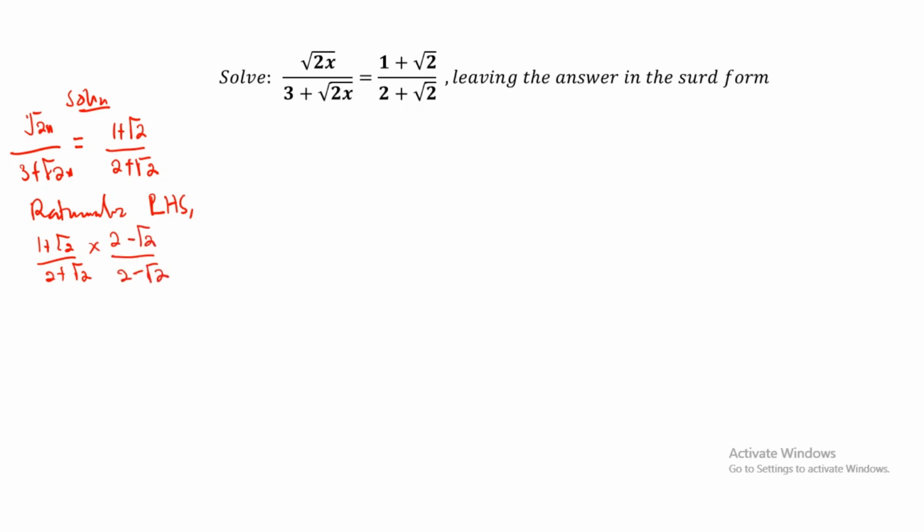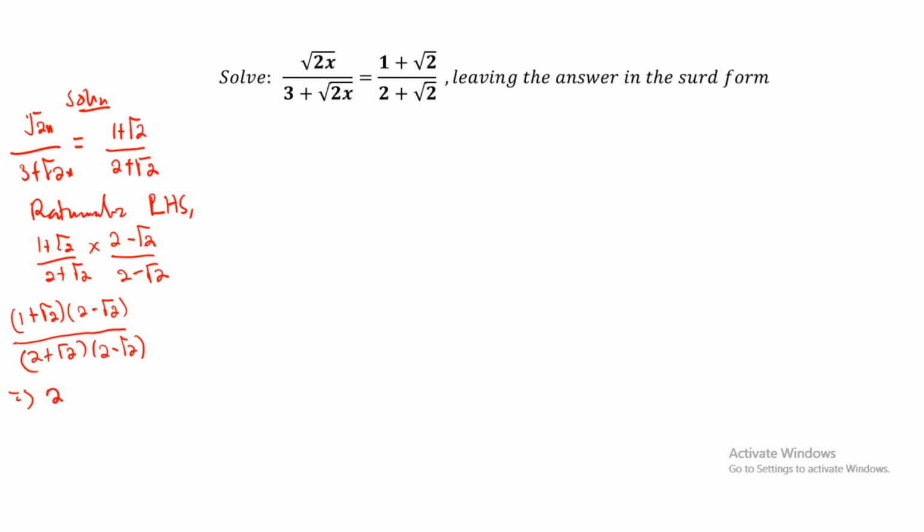And this should give us 1 plus square root of 2 multiplying 2 minus square root of 2, all over 2 plus square root of 2 minus square root of 2. And then this will give you what? We are multiplying that, so we use the 1 to multiply everything in this bracket, use root 2 to multiply everything in this bracket.